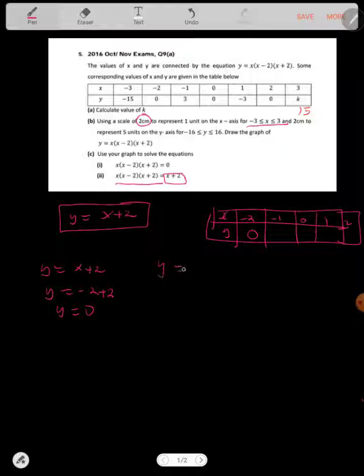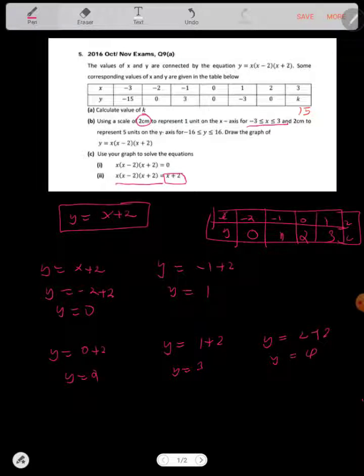Then -1 plus 2 gives me y is equal to 1, so I'll put 1 there. Then 0 plus 2 gives y is equal to 2, so I'll put 2 there. Then 1 plus 2, y is equal to 3, to give me 3 there. Then 2 plus 2, so y is equal to 4, so I will have 4 there.